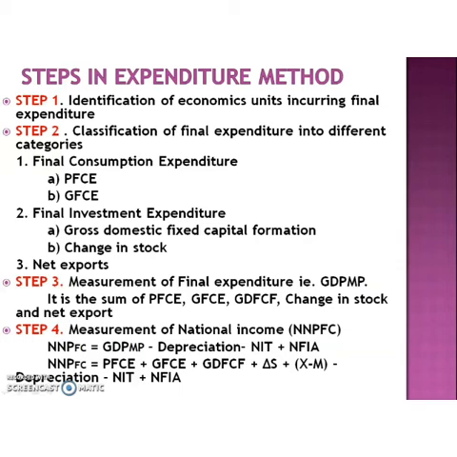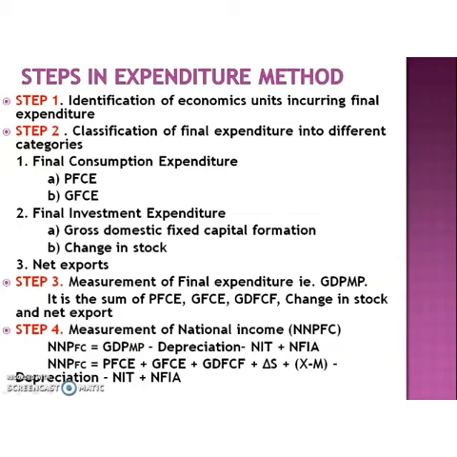So when we add all these, we will get GDP-MP. Then the fourth step is the measurement of national income, that we have already discussed. National income or NNP-FC is equal to GDP-MP minus depreciation minus NIT plus NFIA.